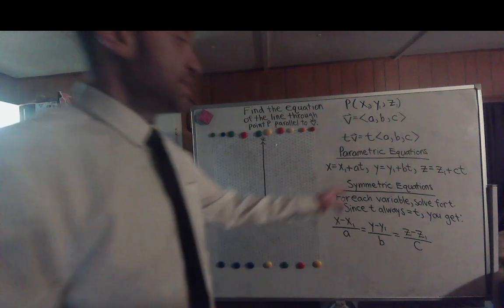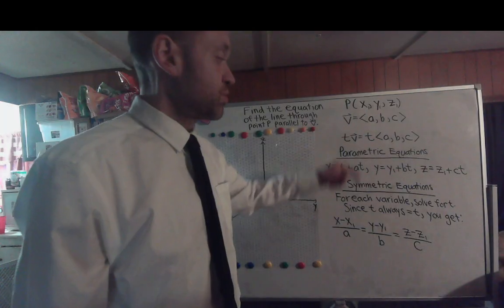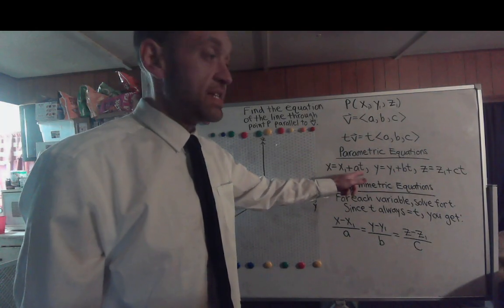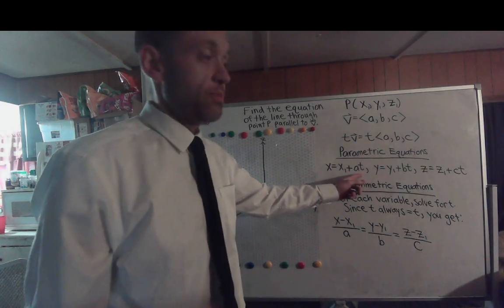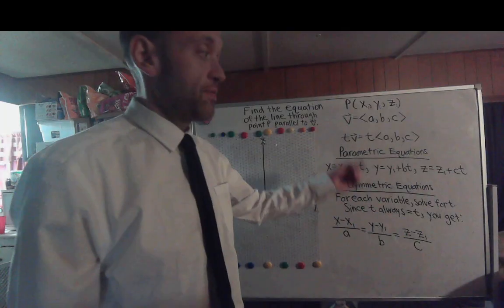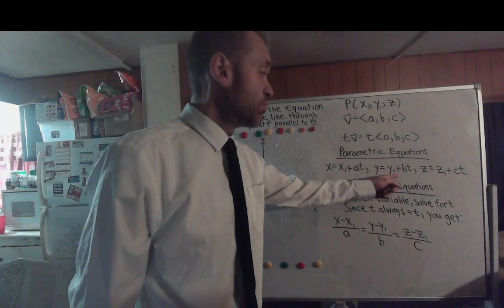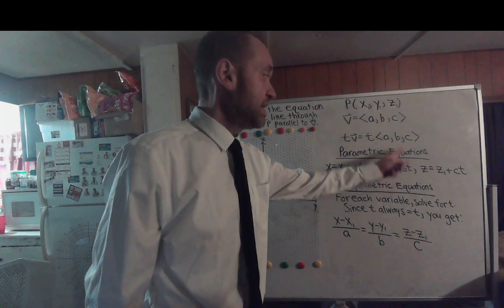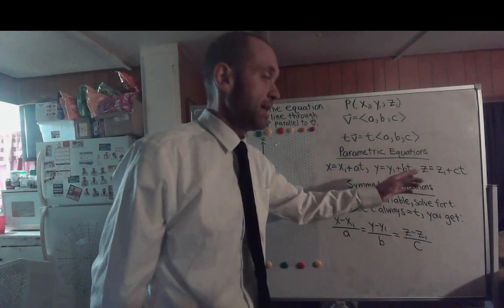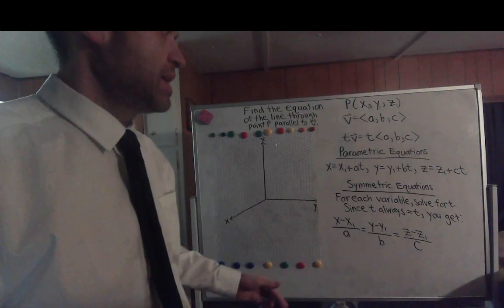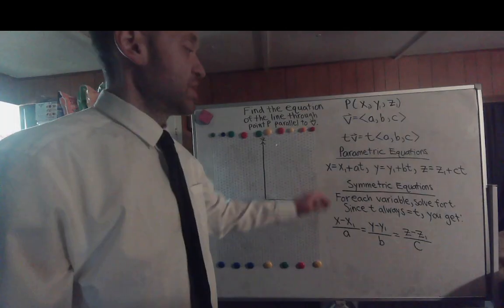So if you had 0 for t, it'd be 0 times a, x would equal that x1, and then for any subsequent values of t, it's just going to be multiples of that direction number a, so you'll get different x coordinates, so you can plot a line. And then y would equal y sub 1 plus b times t, and then z would equal z sub 1 plus ct.